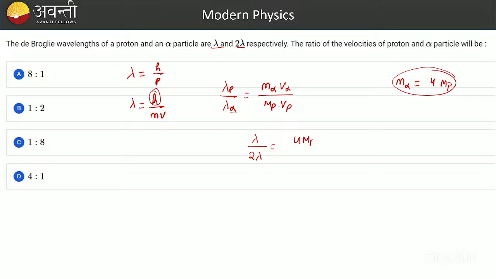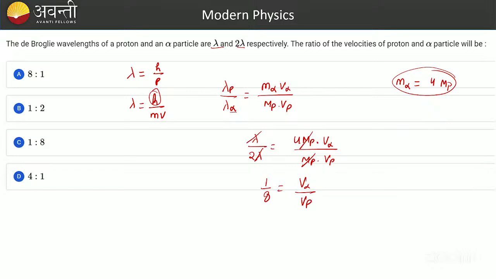We can write it as 4 mp, and let's just consider the velocity as v alpha, upon mp into vp. mp and mp will cancel out. Lambda and lambda will cancel out. So this will become 1 upon 8 is equal to v alpha upon vp.